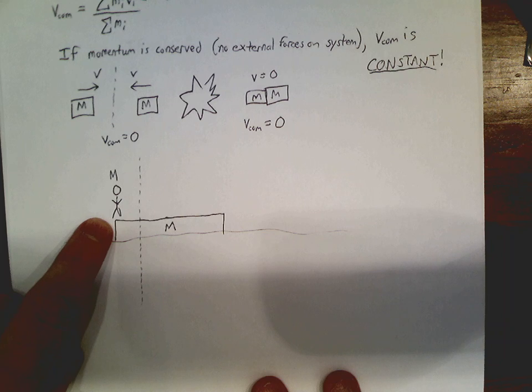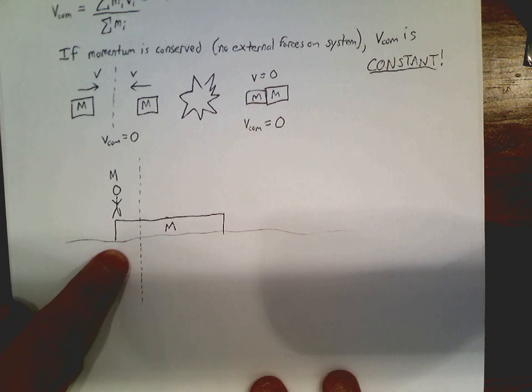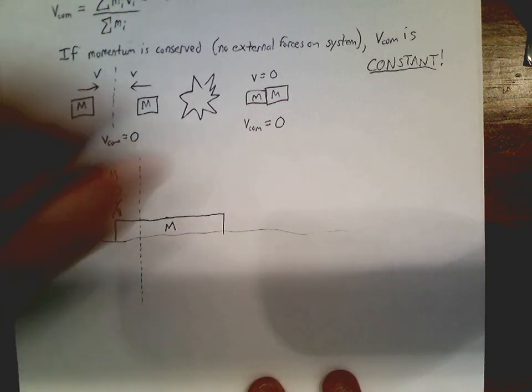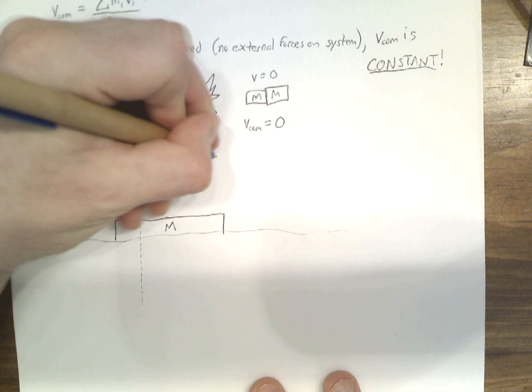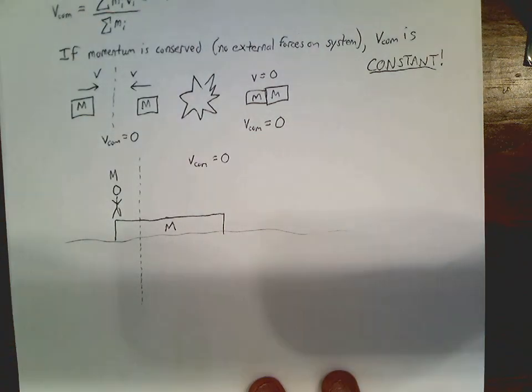Now, this brave soul is going to walk from the left edge to the right edge of the raft. The center of mass velocity must stay constant. So if he's just sitting here on the stationary raft, the center of mass velocity was originally 0. That means the center of mass cannot move.